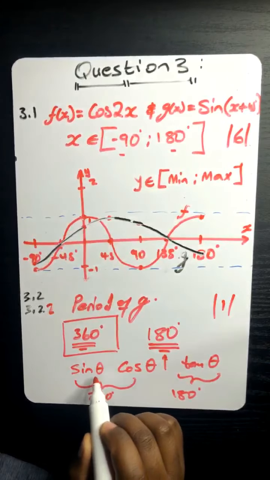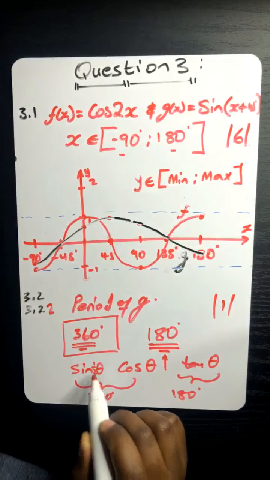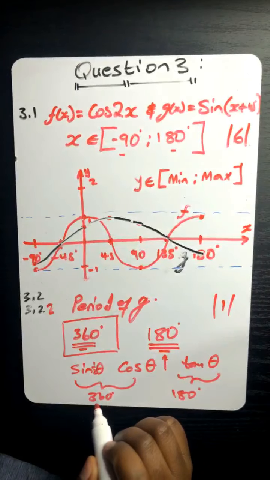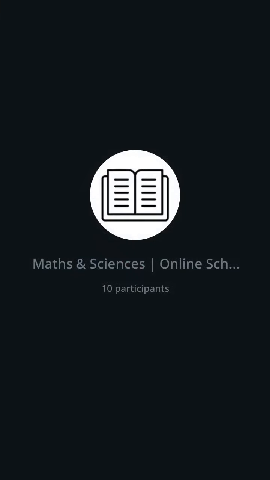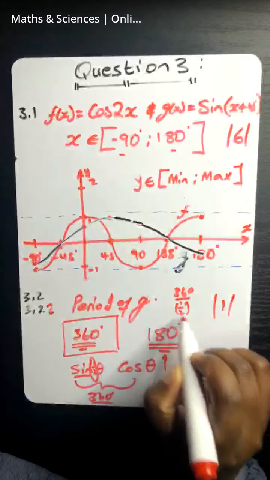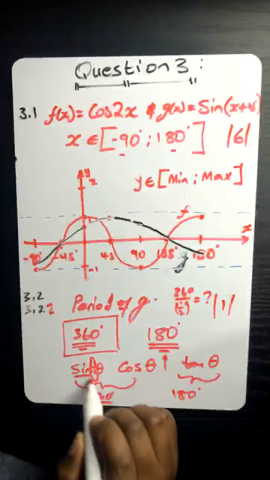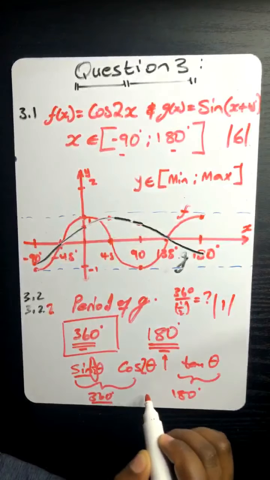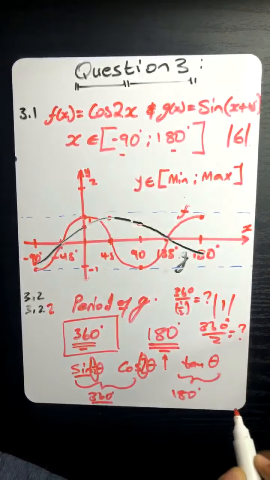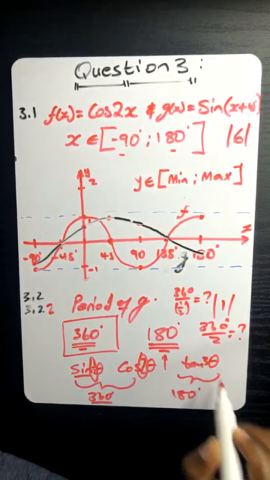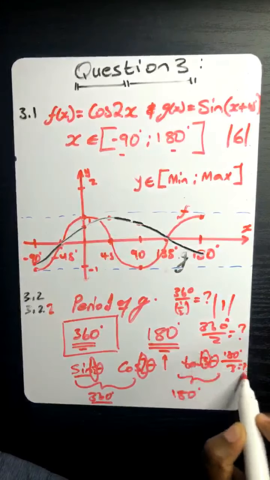The moment you start having something like 1/2 there, or it could be 4, it could be 5, whatever, you just know that for sine it is 360, but because of this, it becomes 360 divided by 1/2. If you punch all of this on a calculator, it is going to give you the period of sine. If you have 2 there, then it is going to be 360 degrees divided by that 2. Whatever you get is the period. For tan, if you have 3 there, then it is going to be 180 degrees divided by that 3. You get the period for that.